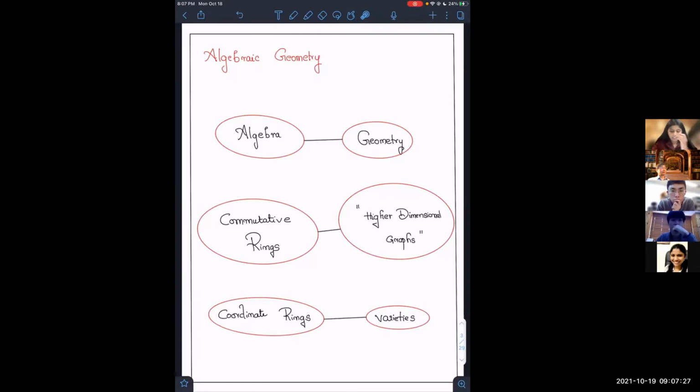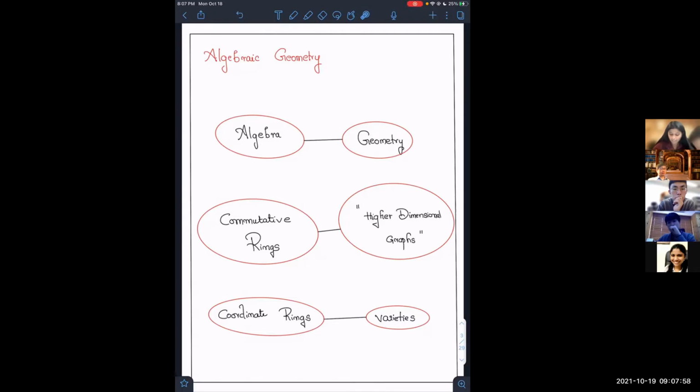First, algebraic geometry, probably everybody knows it's a field that connects algebra and geometry. The idea of algebraic geometry is we try to study geometric objects using algebra, right? Very loosely speaking, we can think of the objects that we study as graphs or higher dimensional graphs.